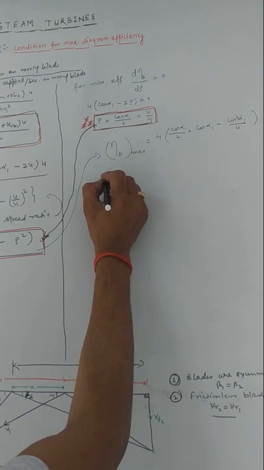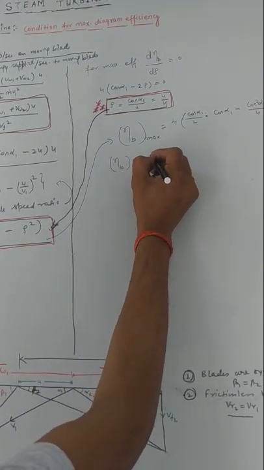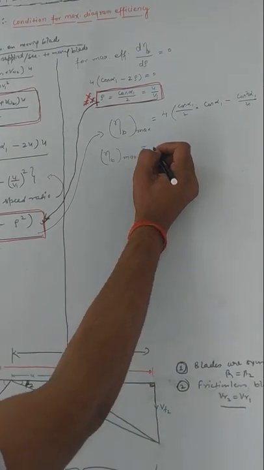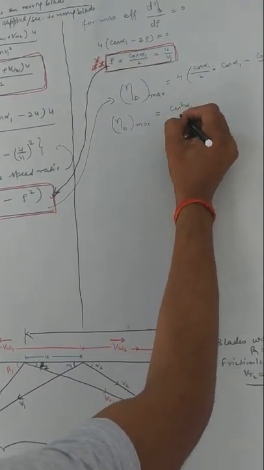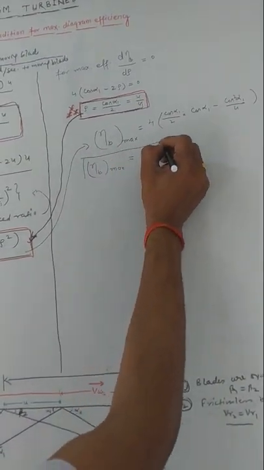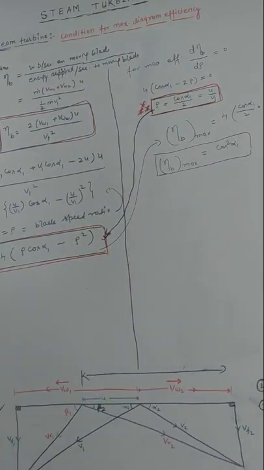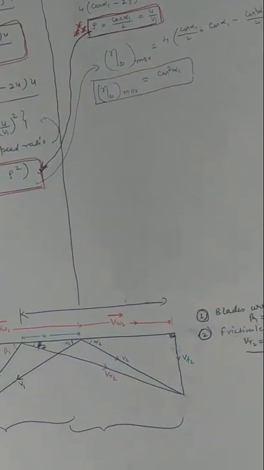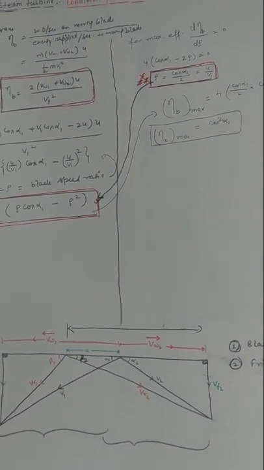By solving this equation we get maximum blade efficiency equal to cos square alpha 1. This is the maximum efficiency in case of impulse steam turbine when the blades are symmetrical as well as there is no friction between the blades.